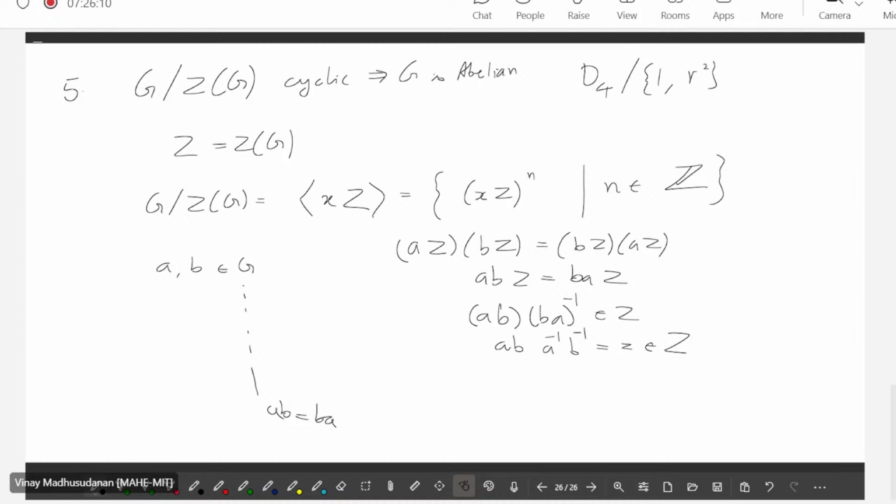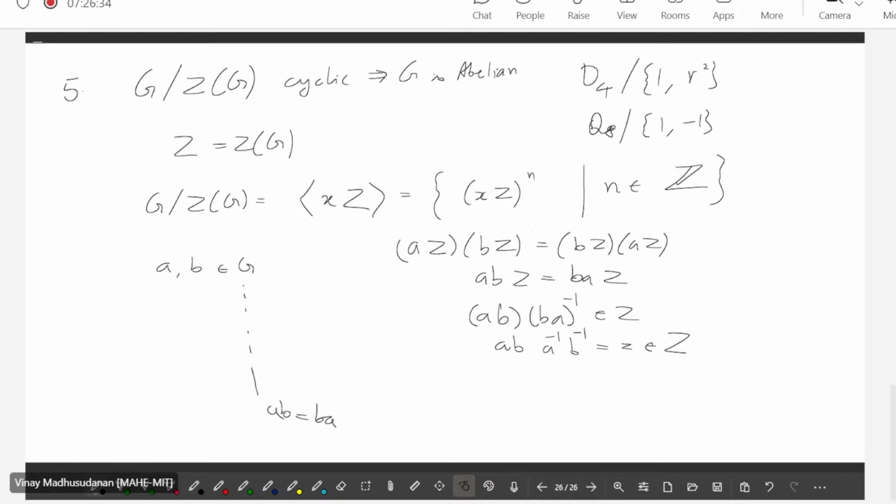You can also take Q8, quotiented by its center, which is 1, minus 1. Again, it's order 4, in fact the Klein 4 group. It is abelian, but that doesn't make these groups abelian. So it cannot be true if you replace cyclic with abelian. Cyclic is needed, so you have to use the fact that it is cyclic.